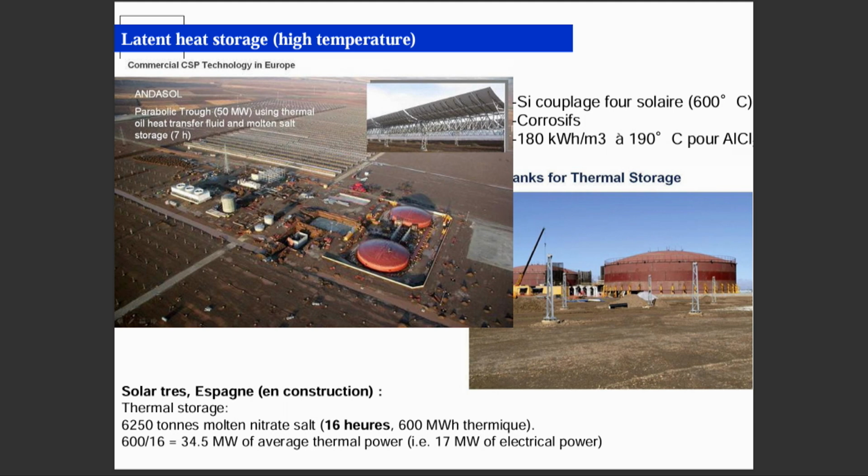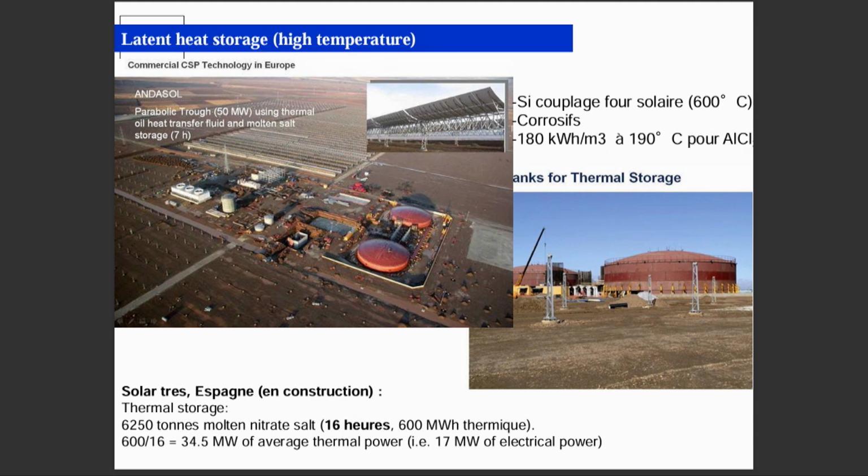Okay, typically it is during the night. Because it is in the desert, it's very rare that there are some clouds. Even if there are some clouds, it will not be during 7 hours. It is to have operating configuration night and day, so it's 7 hours.